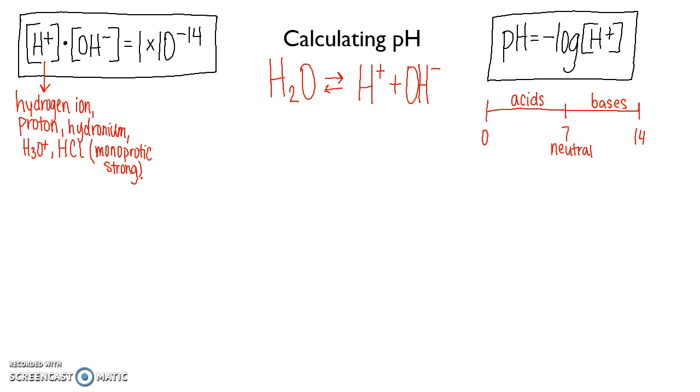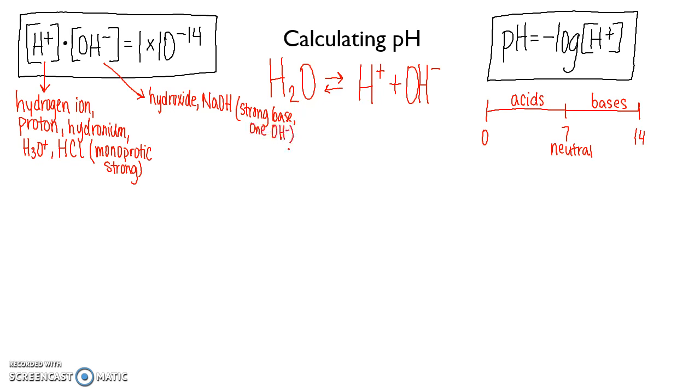For hydroxide, it's a little simpler. Either you're going to be told OH-, it might say hydroxide, or it could give you a base, a strong base like NaOH in that table before. So it has to be a strong base, and something that only has one OH-.